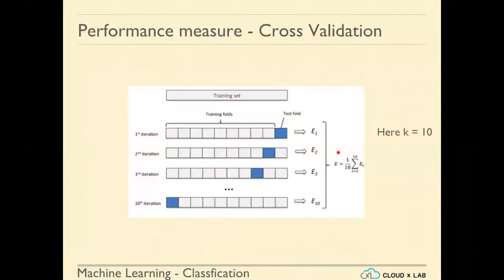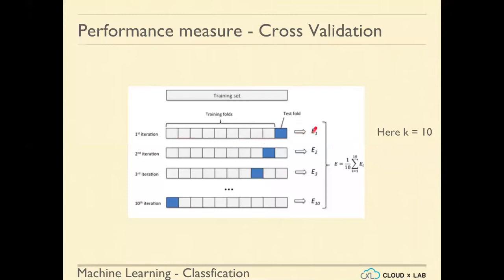Now the cross validation, the way we do it is we break the data down. We create what we call folds. Say we do 10 iterations. In each iteration, we pick one part of the data and keep it for testing, and the remainder is for training.